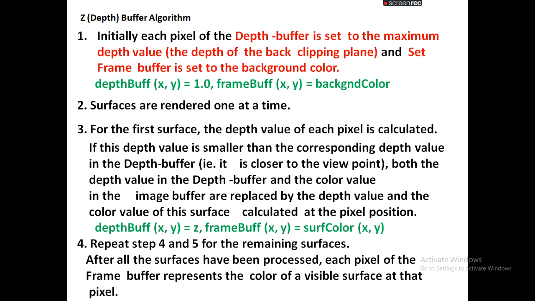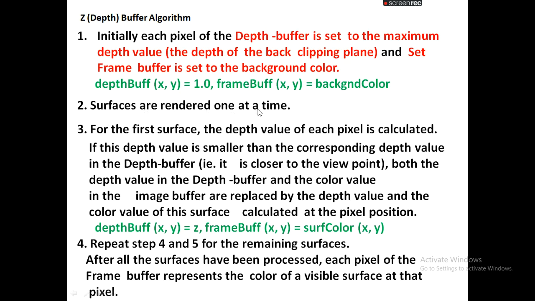So once you initialize the depth value for every pixel in the depth buffer and the background color value for every pixel in the frame buffer, our two buffers are ready with initial values. Next, start processing polygon by polygon. The Z buffer algorithm selects the surfaces to be rendered one at a time.